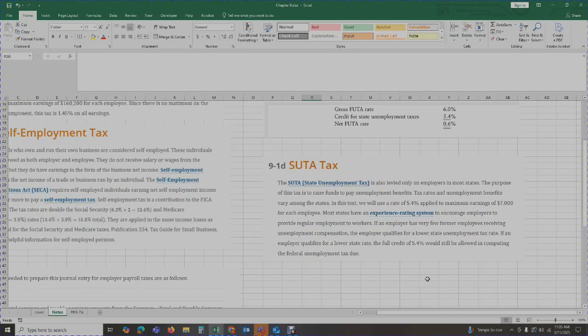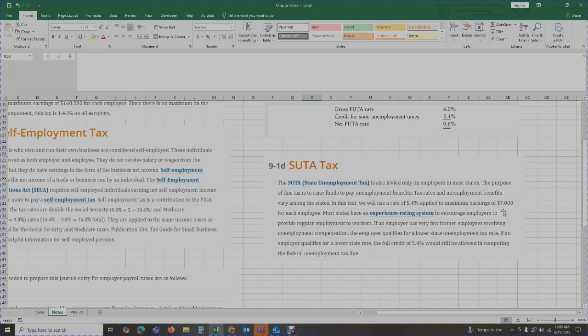Okay. Now, for purposes of this course, the SUTA tax is assessed to actually pay out unemployment benefits. So if you file unemployment, the unemployment money that you receive comes from the state unemployment tax. Okay. We are going to be using in this particular problem, or in this particular text, a rate of 5.4% on the first $7,000 of earnings per employee.